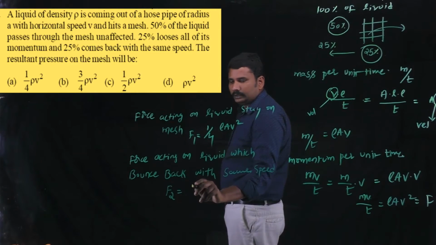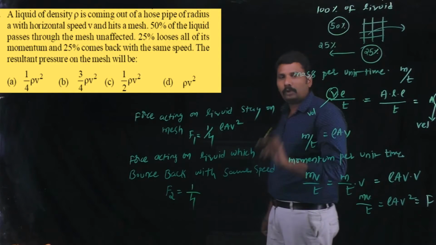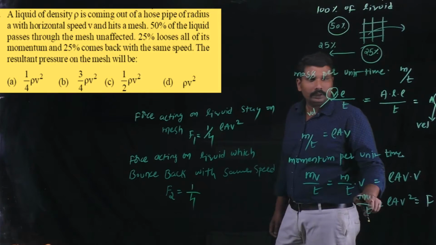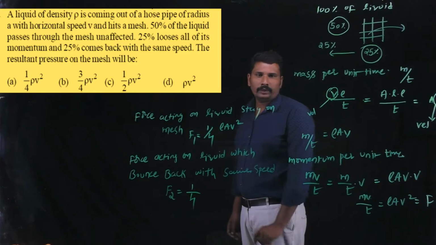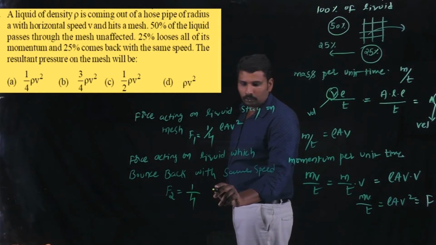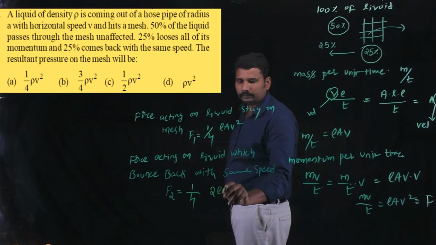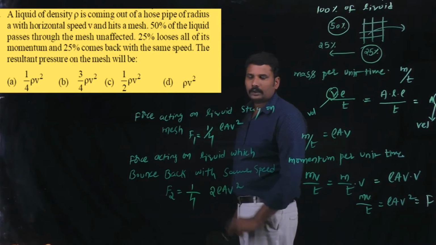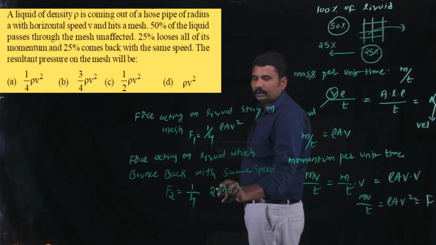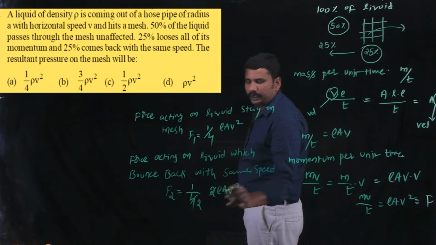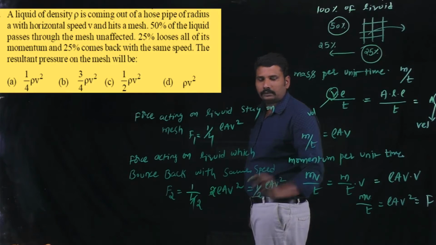Now it is 25%, 1 by 4. If any object bounces back with the same speed, its change in momentum is m into v plus v, 2mv. That's why it is 2 into that momentum, rho a v square. By calculating this, we got 1 by 2 into rho a v square.